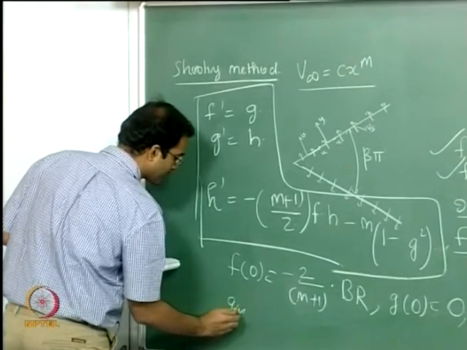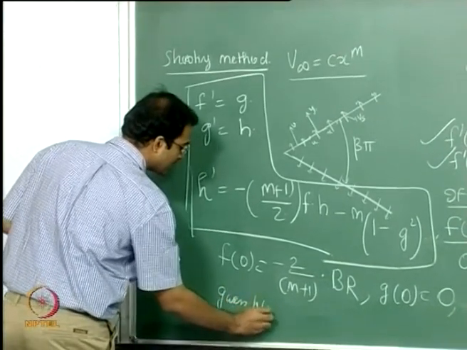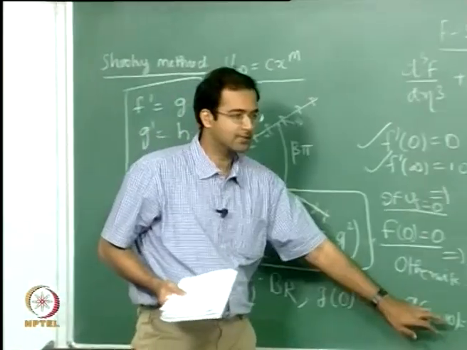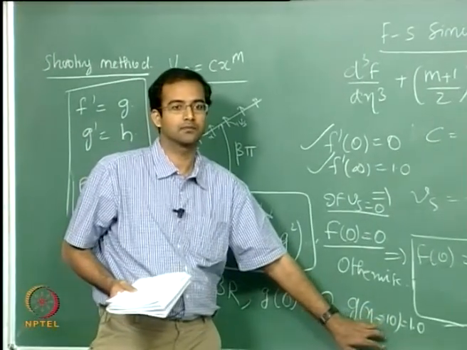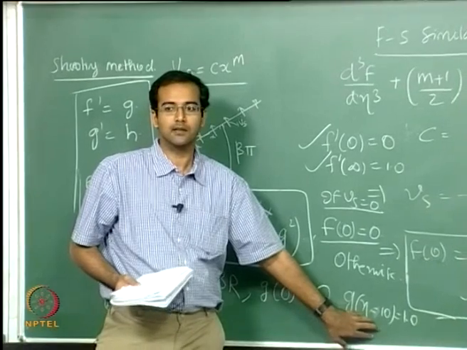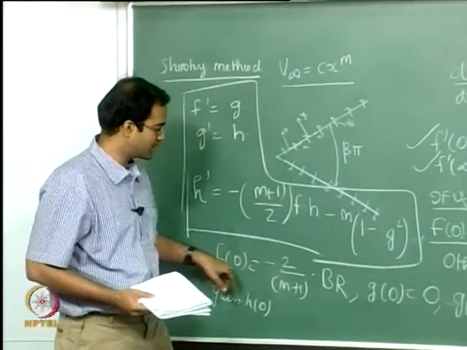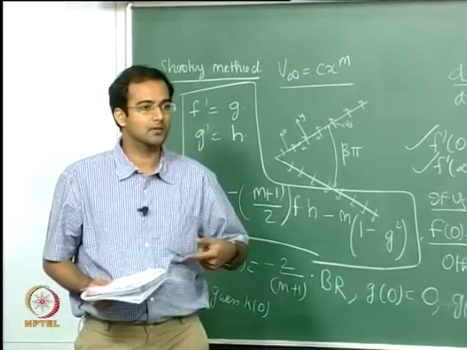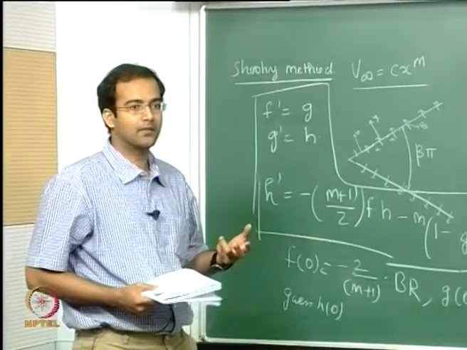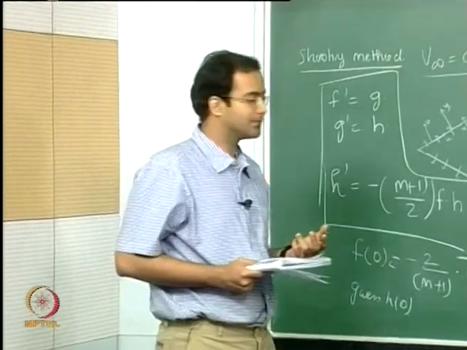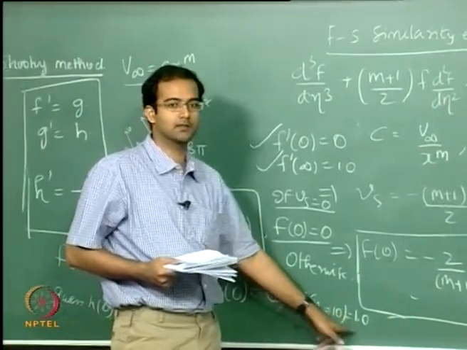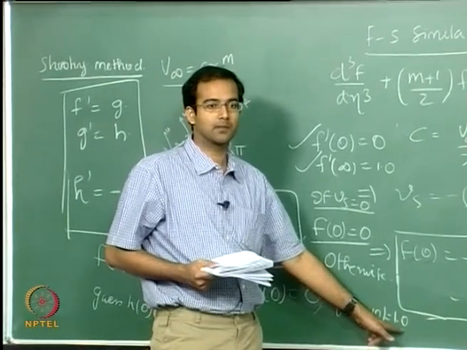Okay, so you don't know the value of h, so once again you can guess the value of h of 0 such that finally this condition is satisfied. So you know the value of f of 0, g of 0, you don't know the value of h of 0, so you guess h of 0 iteratively. I have given you the algorithm, Newton's algorithm, such that you get better and better guesses for h, so that it satisfies this particular equation ultimately.